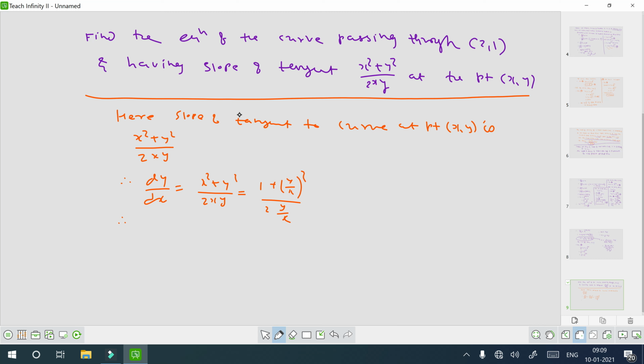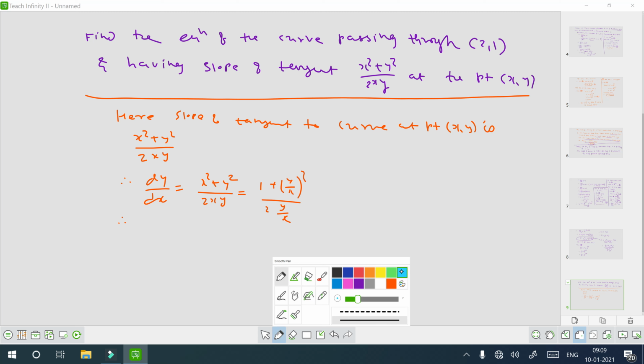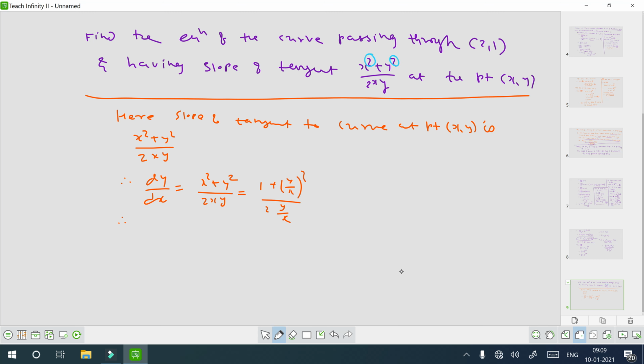See here they are not asking to prove that it is a homogeneous differential equation. So I am not going to prove that thing, but we know that it is homogeneous as power of every variable term is the same. Here 2, 1 of x, 1 of y, ultimately 2. So that form is homogeneous form.